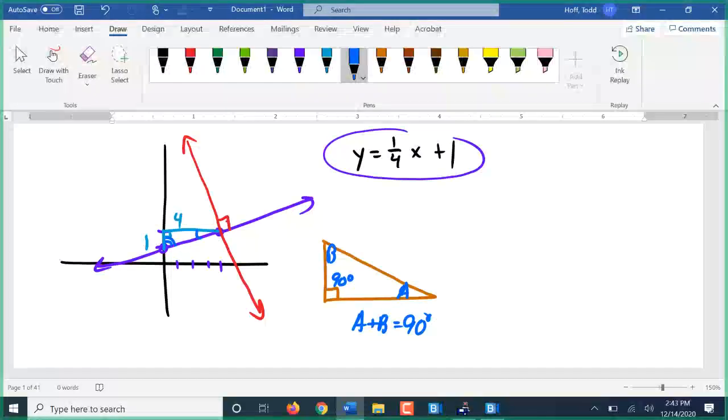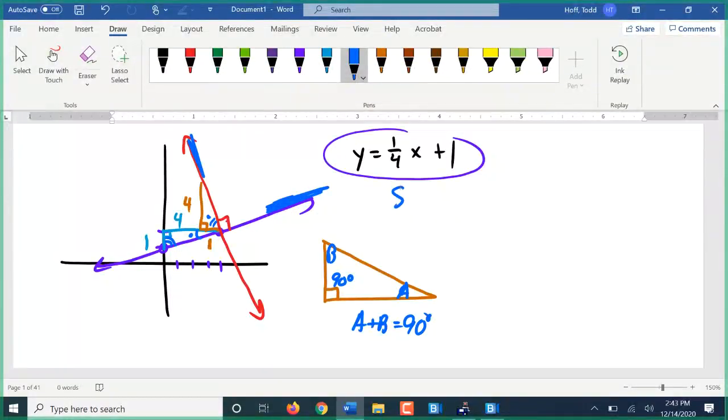So if I draw that triangle again here, only this time with the 1 down here and the 4 up here, and that's my right angle, these two angles have to combine to make 90 degrees. So that slope, the rise and the run, change places. In other words, it's reciprocal. But also, this one had a positive slope, this one has to have a negative slope. That's called opposites.